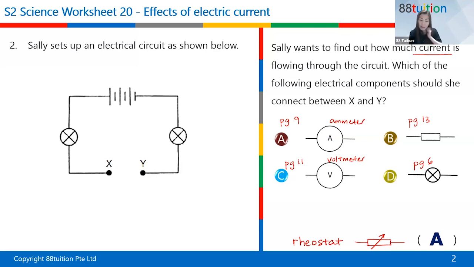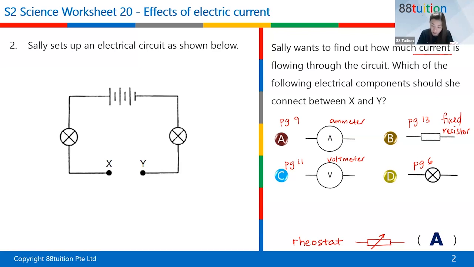So if you look at this question again, this shows a fixed resistor. If I were to write down, my pen is not working. Okay, this is a fixed resistor. That means it is not like the rheostat, that can actually allow current to flow by a lot or very little.